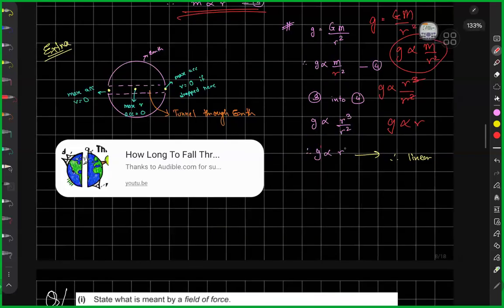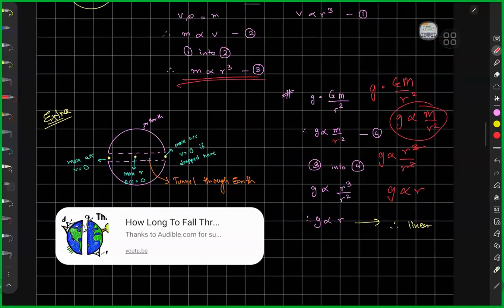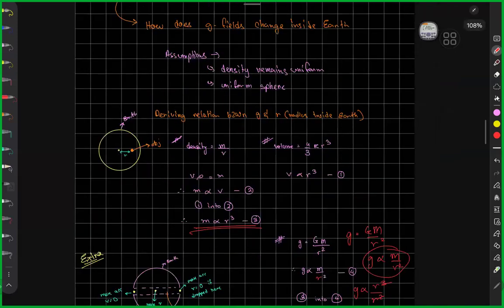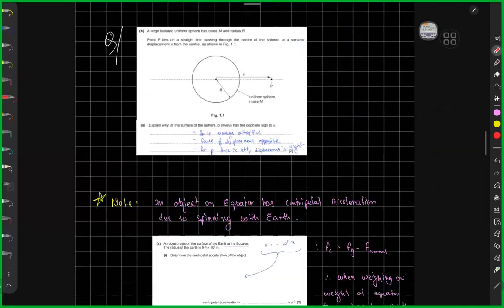Power 1. So it's a linear proportion, my friend. So inside Earth, as r decreases from here, my gravitational field strength should 100% decrease linearly. This is the proof.